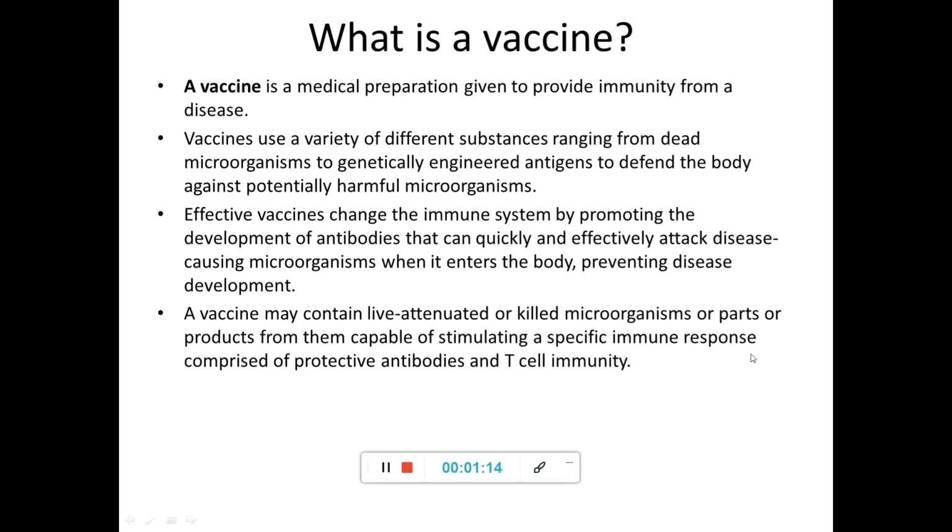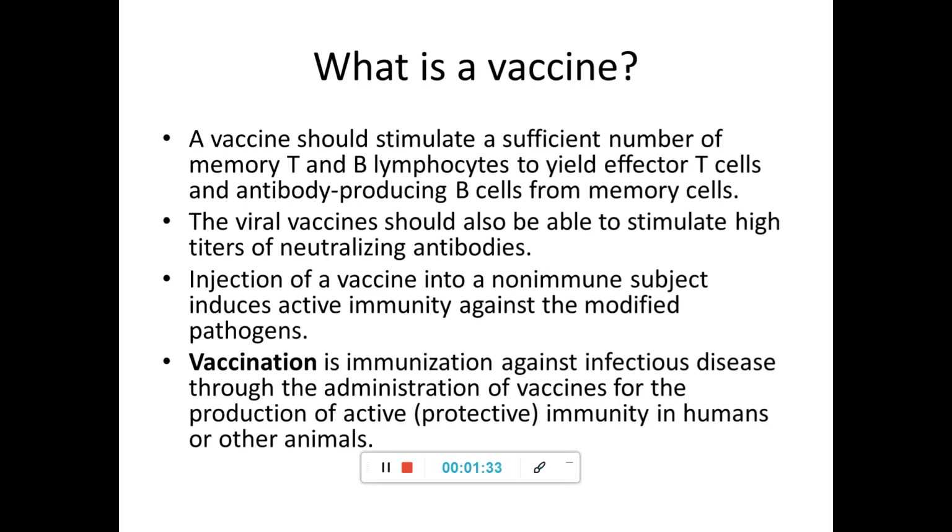So any preparation of a bacteria or a part of it or a genetically engineered part of it which, when inoculated into our body, can induce an immune response and help us to protect against or defend against the disease development is referred to as a vaccine. Now, another thing that we have to notice about a vaccine is that an effective vaccine is something which would trigger an immune response in us.